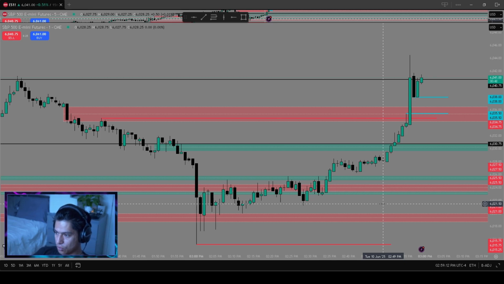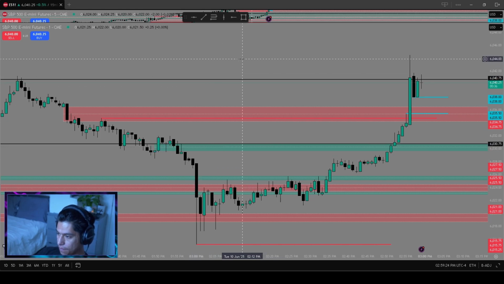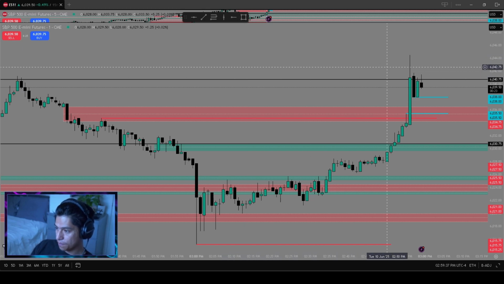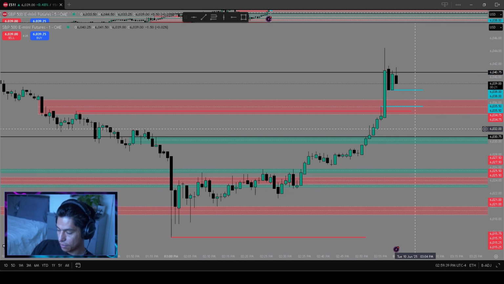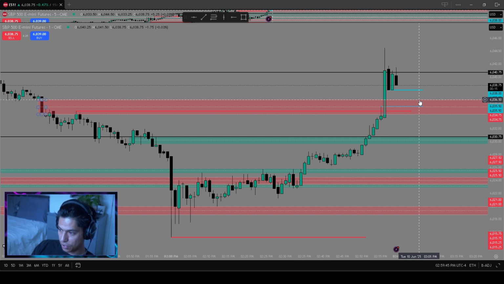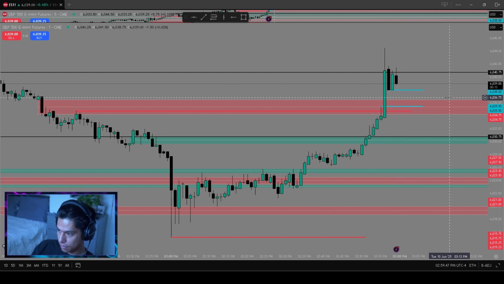Right here would be a kind of crucial point, because I know me before, I'd probably be buying long here, and we've already hit liquidity over here on this black line. So it's kind of just like chasing price, being greedy, thinking the price is gonna go higher. But I would recommend that you do the opposite in this situation. There's more probability that we go lower. But my question would be, how much lower if we do go down from here?